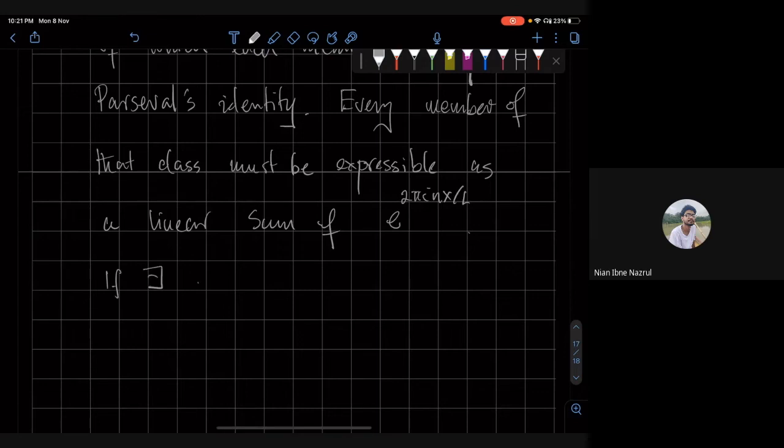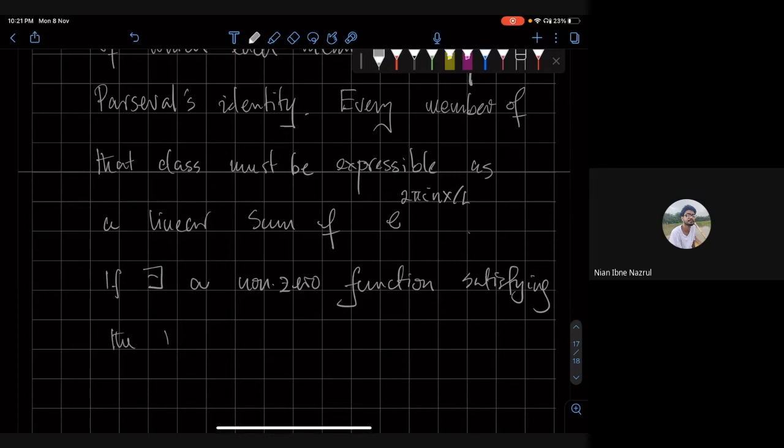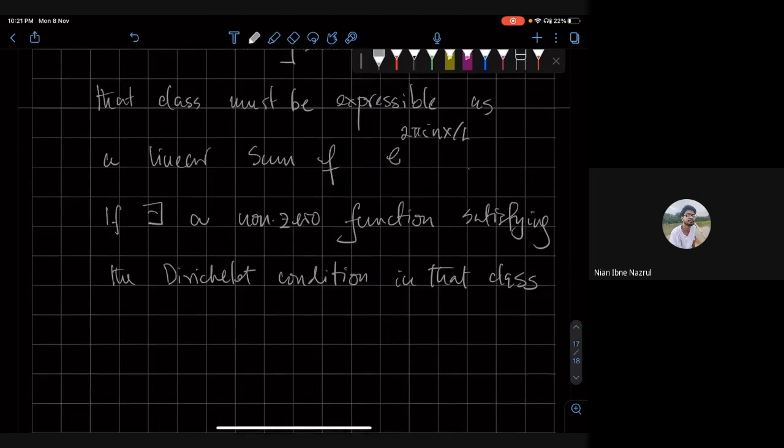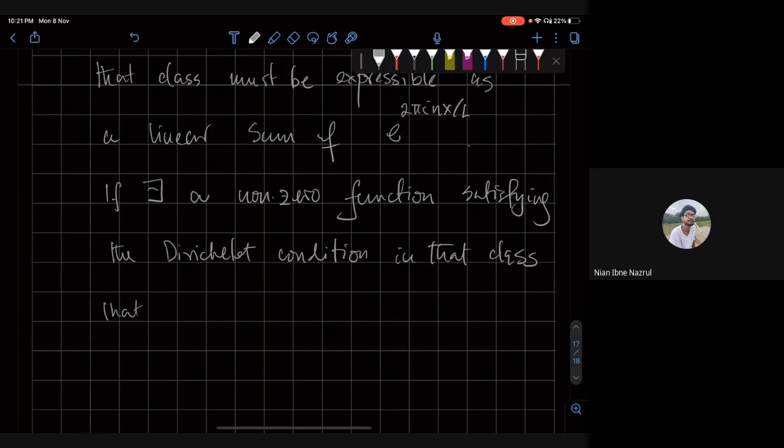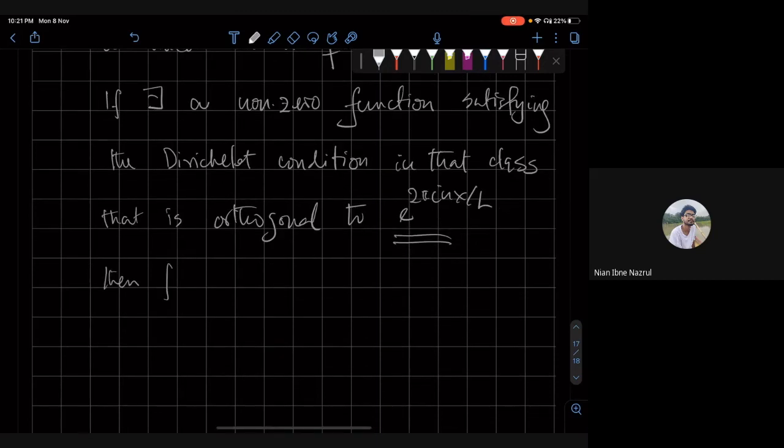If there exists a non-zero function satisfying the Dirichlet conditions in that class that is orthogonal to e to the power 2 pi i n x over L, meaning that you cannot express it in terms of these guys, then for that function, the C_n are all 0 for all n.